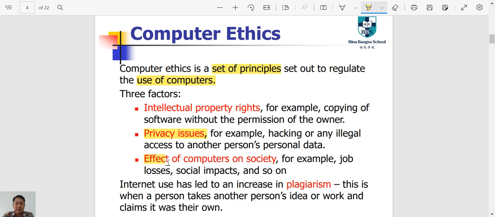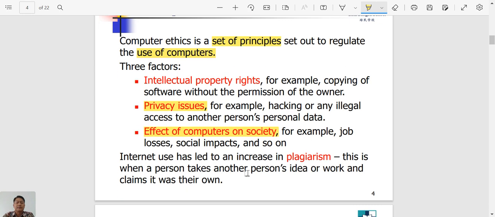And what would be the effect or impact of computers on society? What is the impact? Job losses, social impacts, and so on. There is one very good keyword here, plagiarism. This is actually when a person takes another person's idea or work and claims it as their own. So that is what we call plagiarism.